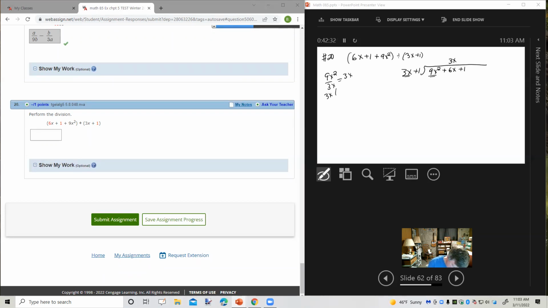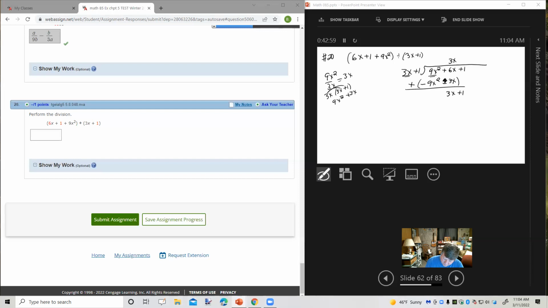I take that 3x times the divisor, 3x plus 1, which is 9x squared plus 3x. I'm going to subtract that from what's up above, so I'm going to change it to addition of the opposite. 9x squared plus negative 9x squared is 0. 6x plus negative 3x is 3x.